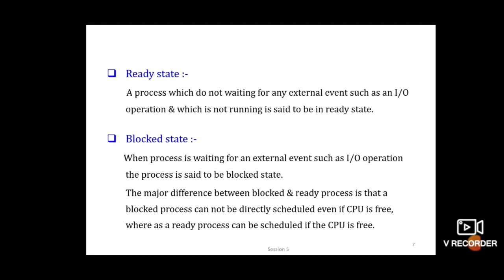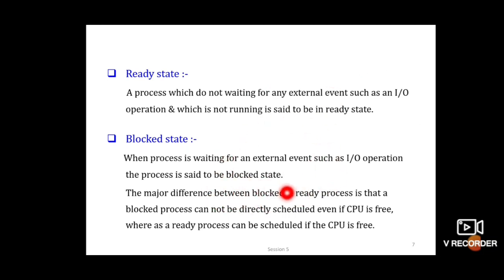Then what is the difference between ready and block state? The major difference between a block and a ready process is that a block process cannot be directly scheduled even if the CPU is free, whereas a ready process is directly scheduled if the CPU is free. Why? Because in the ready state the input output operation is complete, but in the block state it is not complete.